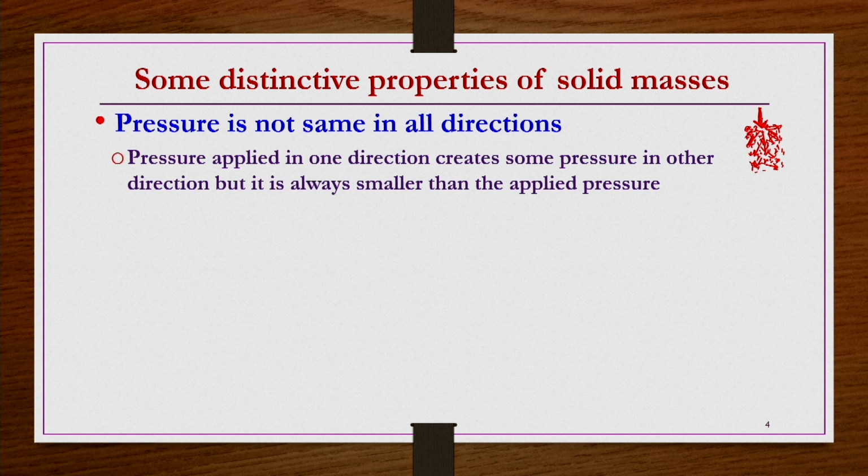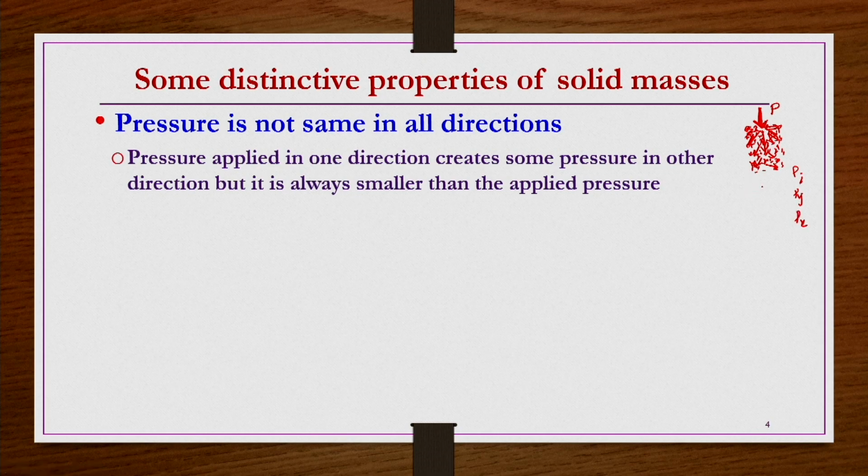So the applied pressure is in general much higher, and the pressure which is created or distributed in the other directions is smaller compared to the applied pressure. Let us say the applied pressure is P, and the pressures in other directions, let us say Pi, Pj, Pk, are distributed with certain angles also involved.